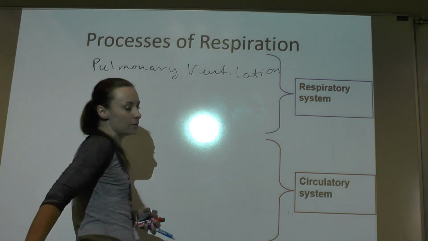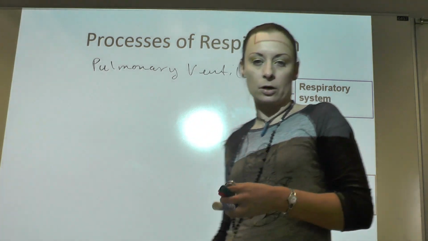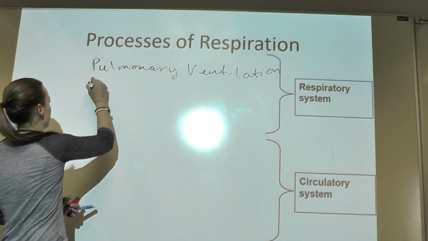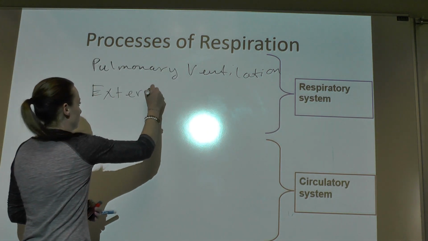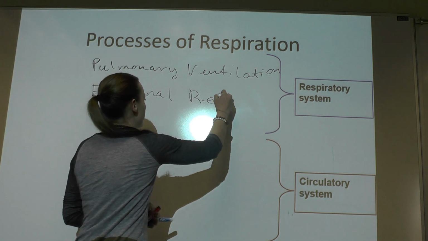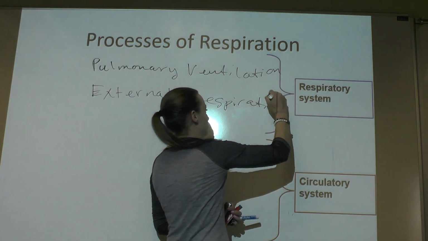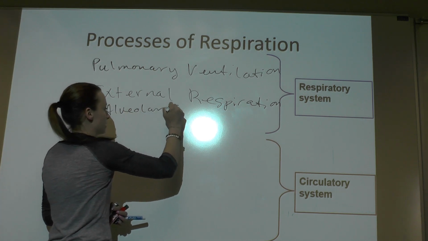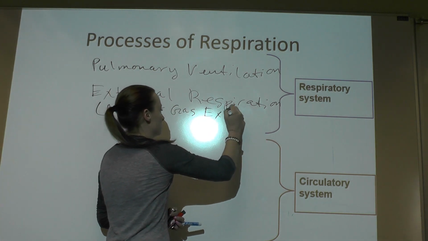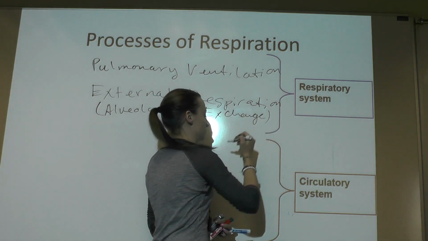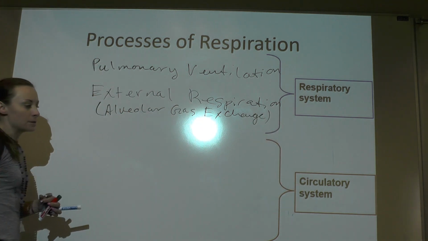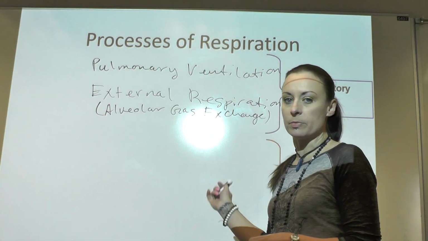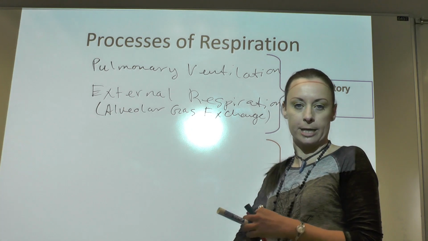Then at the level of the alveoli, we have what's called external respiration or alveolar gas exchange. So external respiration is also handled by the respiratory system. And it's also sometimes known as alveolar gas exchange. Now, the circulatory system is going to help get oxygen to the tissues and CO2 from the tissues back out to the lungs by transporting it in blood.